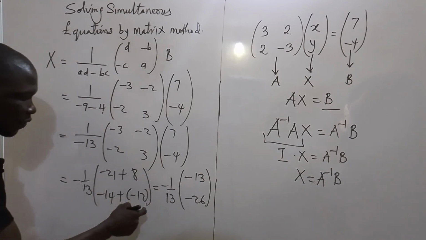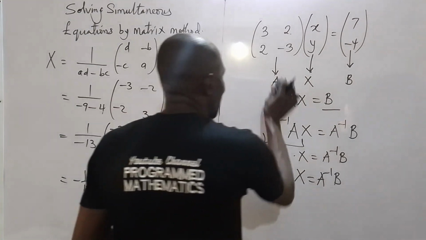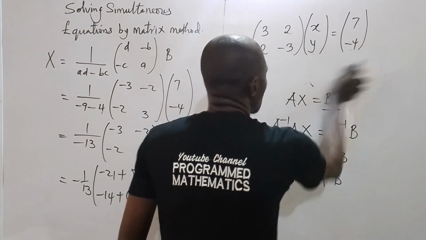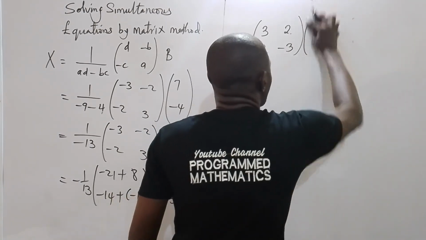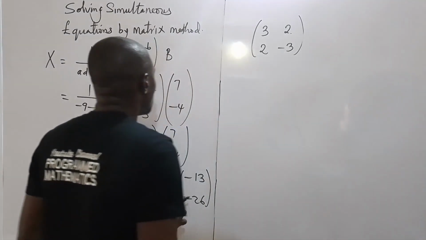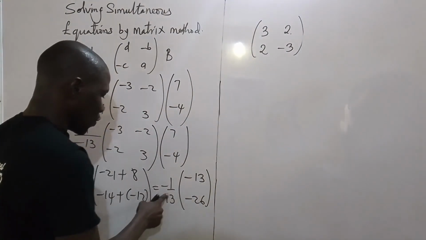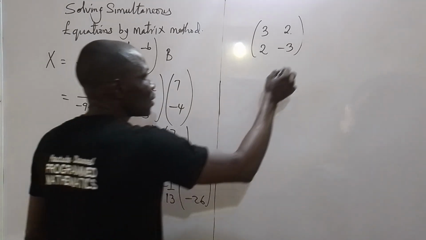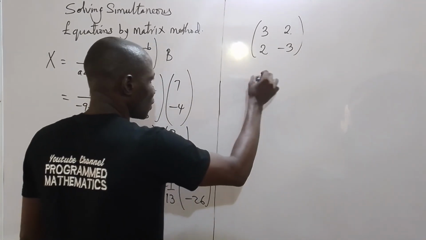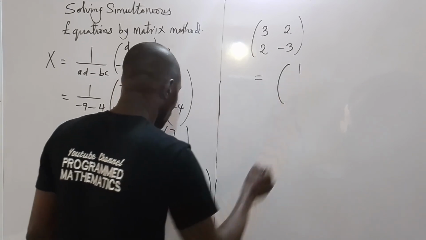So if we simplify this, if we multiply minus 1 over 13 times minus 13, that will give us 1.